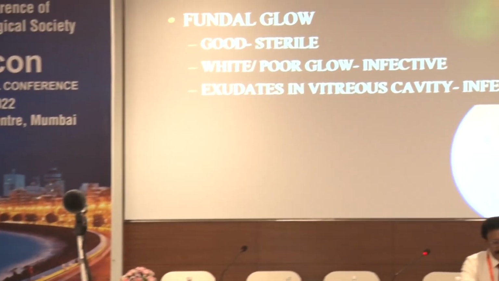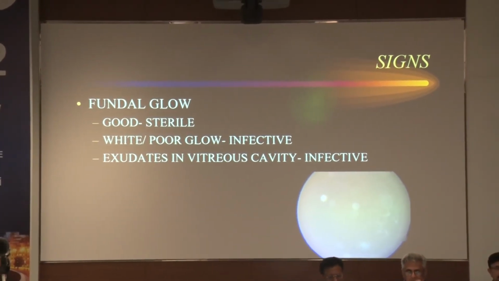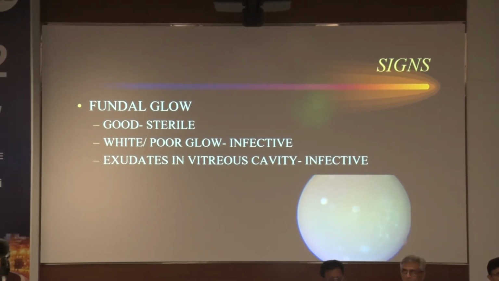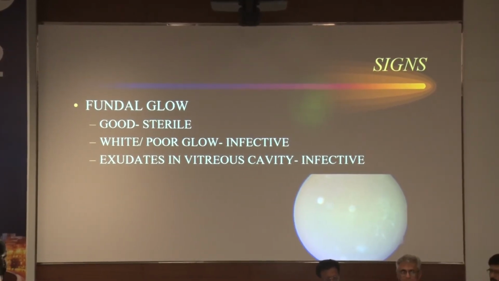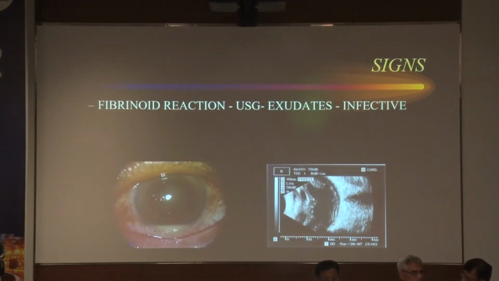If you have an absent glow, that means it's infective, or if you see any signs of exudates in the vitreous cavity, it's infective and a clear-cut signal for you. Go ahead and treat this patient as infective. In sterile inflammation, the glow is good.